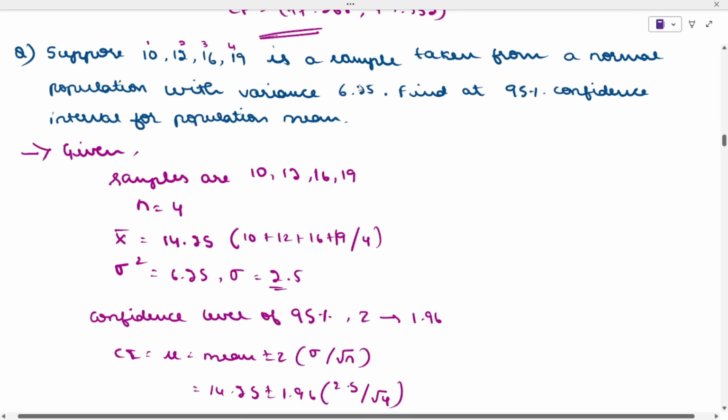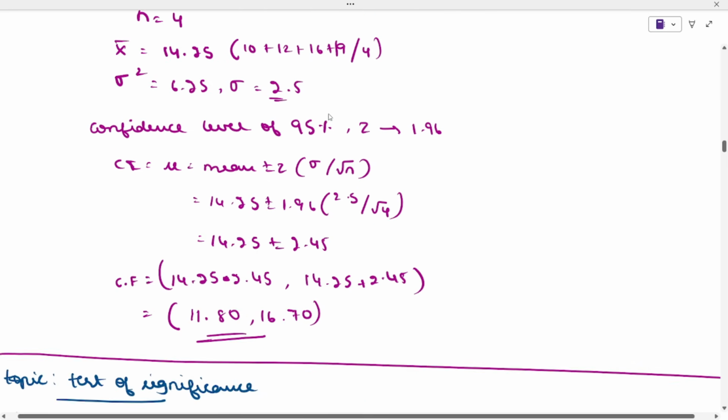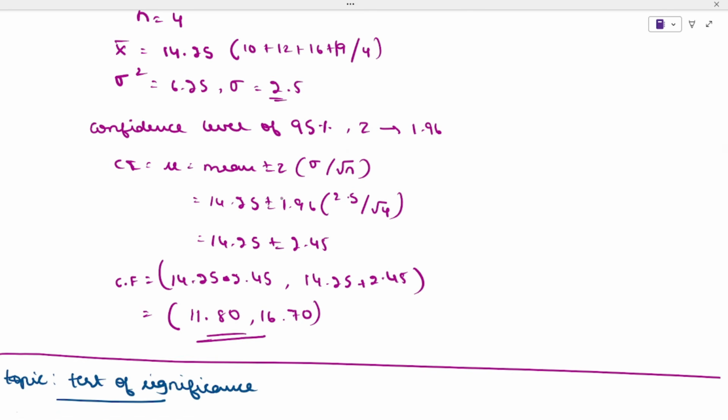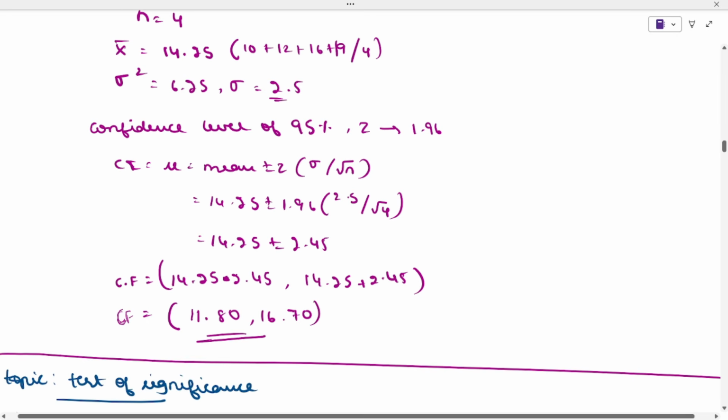The standard deviation is the root of 6.25, which is 2.5, and for 95% it is 1.96. Again you substitute and take plus or minus. First you do minus, then plus, and you get two values, which are the confidence limits. This is how you solve confidence limit problems.